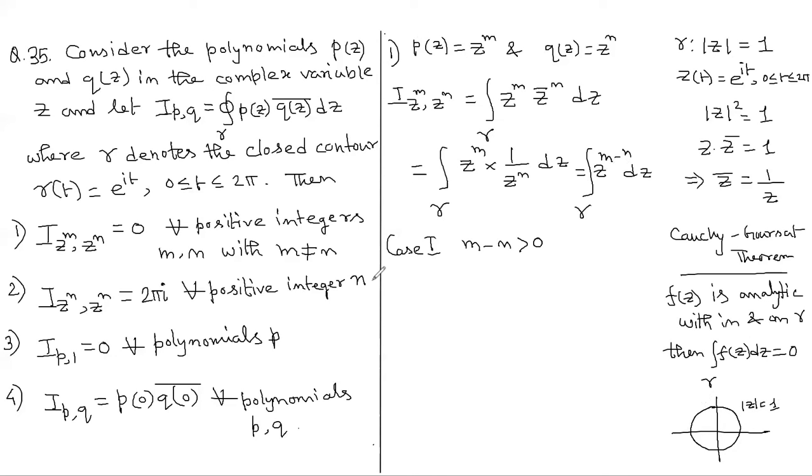So by the Cauchy-Goursat theorem, we can write I(z power m, z power n) is the integral over gamma of z power m minus n dz, which is equal to 0, since z power m minus n is analytic within and on gamma.